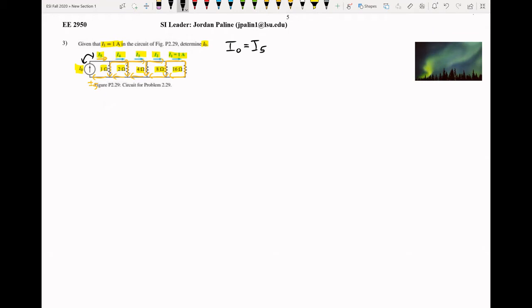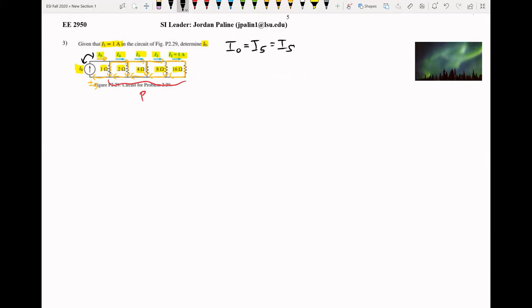So what do we know about this though? Well, to find I/O, let's remember that I/O is also going to be an I source because it's the source coming from right there. But what we can say is that we see that all of these resistors here are in parallel, which can be useful for us.